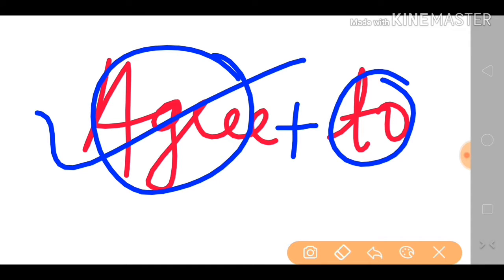Agree is a word that follows the preposition to, right? Suppose you are looking for a business. You want to start your own business, but you don't have that much capital, you don't have that much money to spend, and you don't have a good plan.